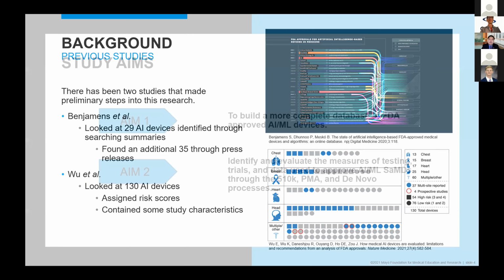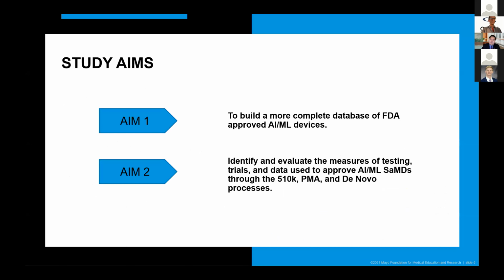And so the project today has two aims. First, we seek to build a complete data set of FDA-approved AI/ML devices, after which we will try to analyze and evaluate the measures of testing and the data used to approve these devices.